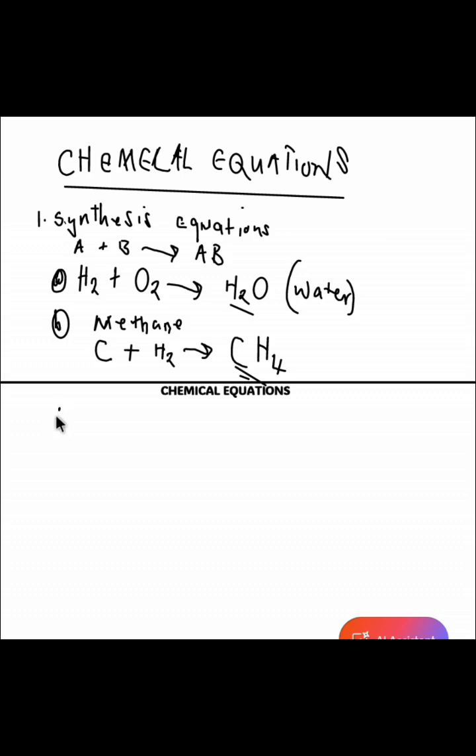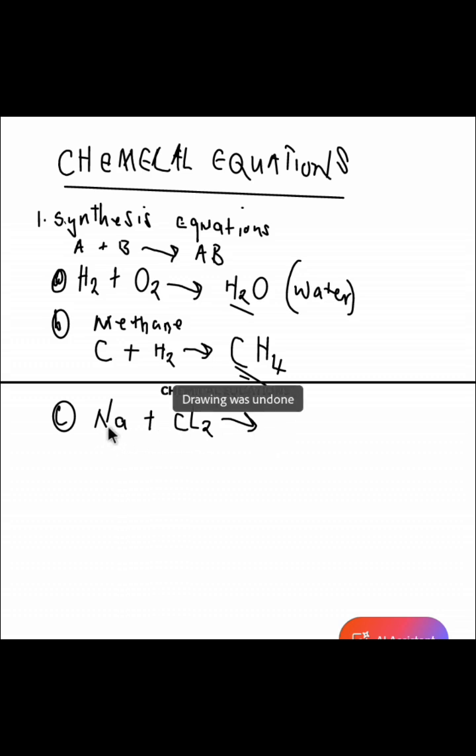I said we're going to do a lot of examples so that people understand what we are trying to do here. Another example is, if you have a metal, let me use a metal this time around, and chlorine. Let me write this one properly.